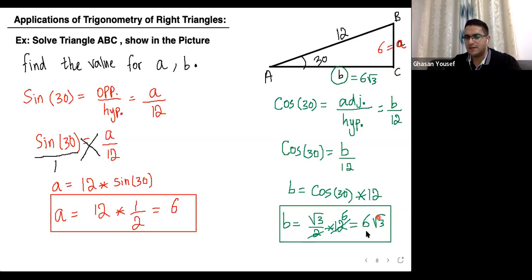You will get the same answer, 6 square root of 3. Patrick, you can use the Pythagorean theorem, this is correct, to find the value of b.